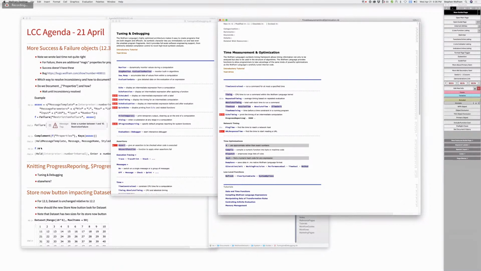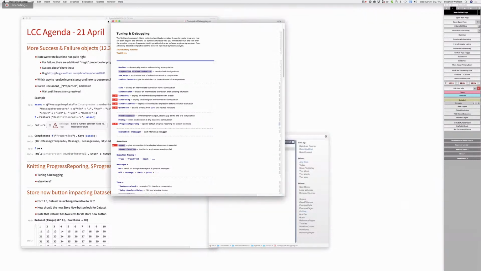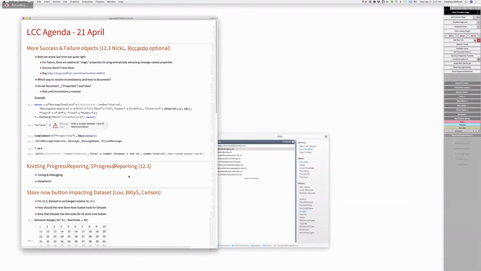Is it called progress reporting? The option name? Yes. Yep. Okay. All right. What's next?